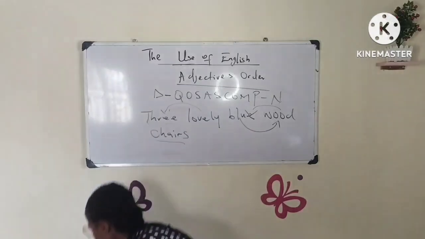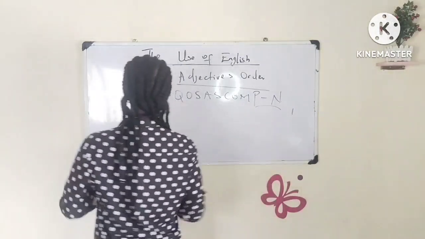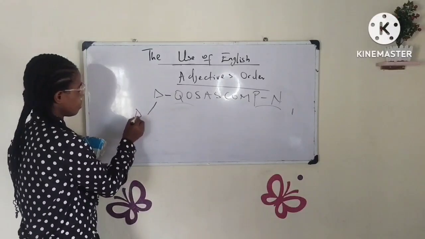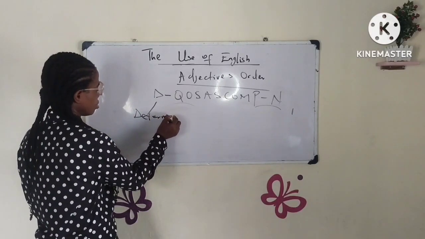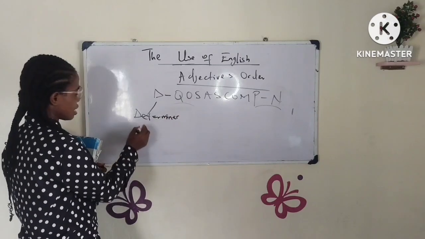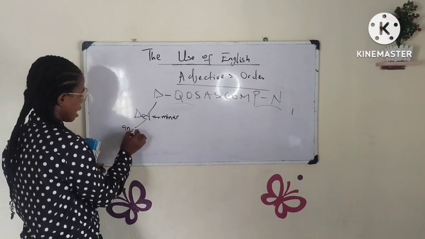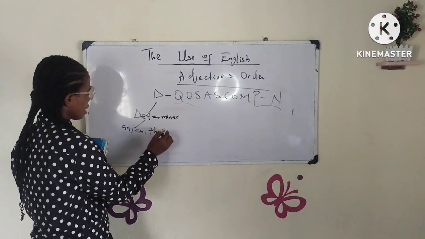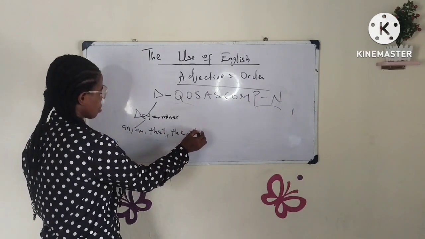Now, let's see. D stands for determiner. Determiner includes words like a, an, the, they, those.